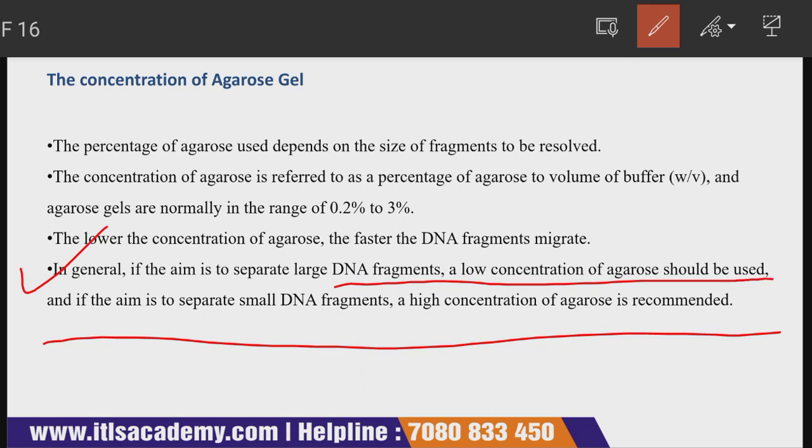I'm just making it more visible to you, so that you can easily memorize these terms. Sometimes in interviews or MCQs they ask why, and the answer is here: the lower the concentration of agarose, the faster the DNA fragments migrate.